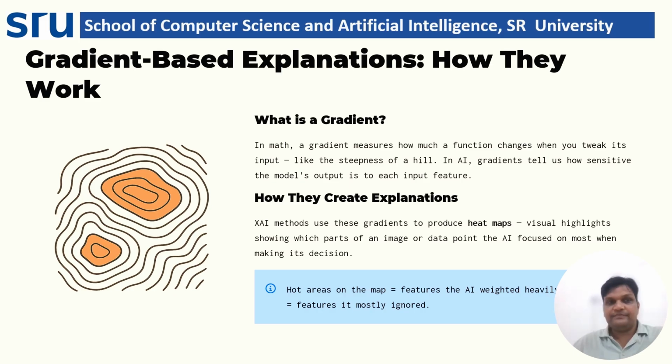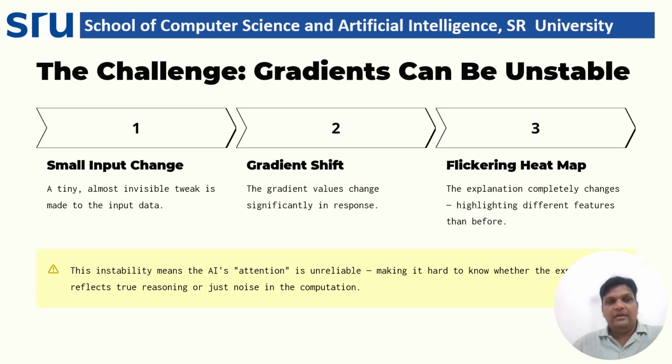So we can say that AI uses something called a gradient. Think of the gradient as measuring how sensitive the output is to each input. This helps create heat maps showing what the AI focused on and what it ignored. The challenge: gradients can be unstable under small input changes. A teeny, almost invisible tweak is made to the input.